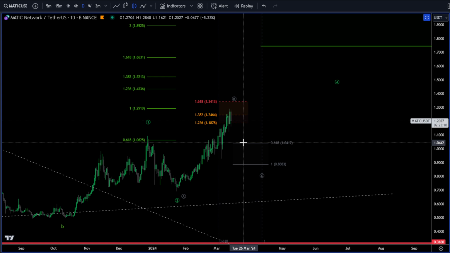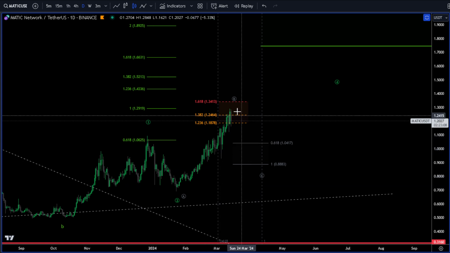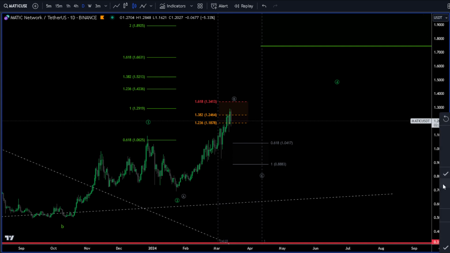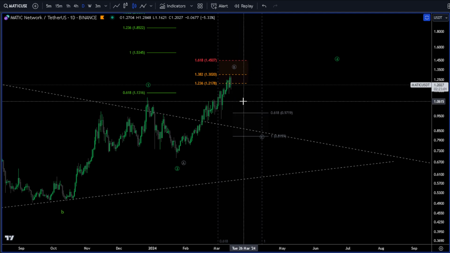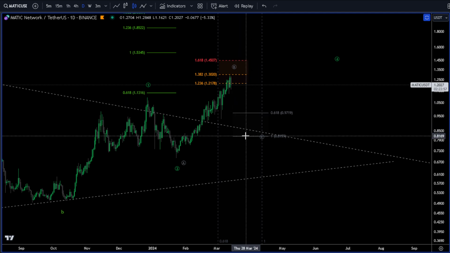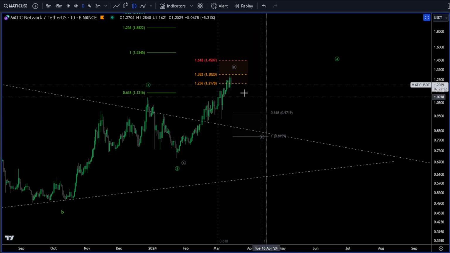That's on linear scale, the 618 extension of that A wave off the current B wave high. So that would be the least amount I would consider the C wave correct. And it can come as deep as the 1-to-1 on log at 81 cents. So about a 25-cent range there.